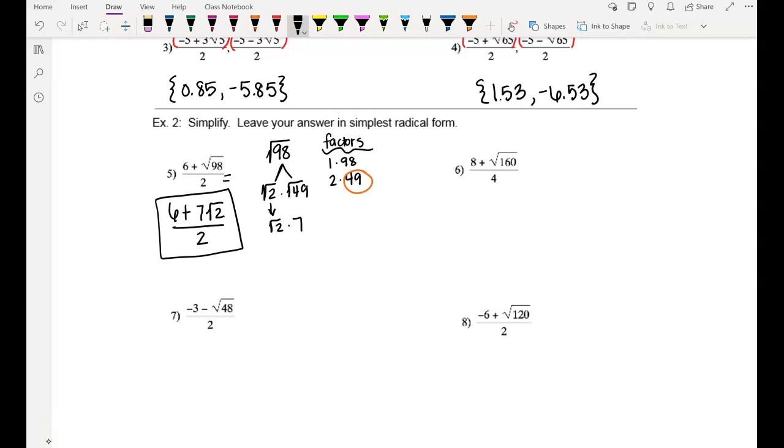Now, sometimes you can go even further if the denominator can divide into both numbers, both whole numbers. You can do more simplifying. But this is why we have to understand how to simplify radicals, how to get those perfect squares out of the number and simplify it down.